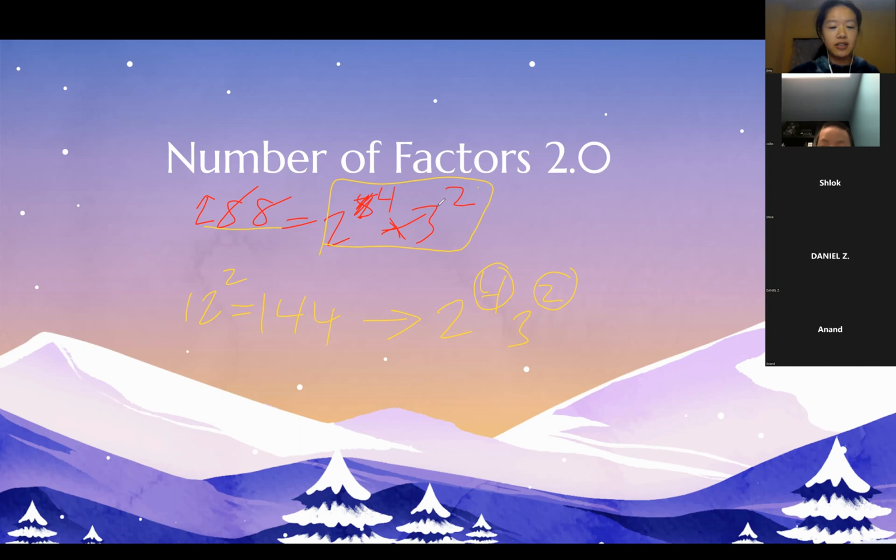Then we divide those exponents by 2, so 4 becomes 2 and 2 becomes 1, and you multiply them together, and that gives you 2. Therefore, 288 has 2 perfect square factors, I believe. Unless I'm mistaken.